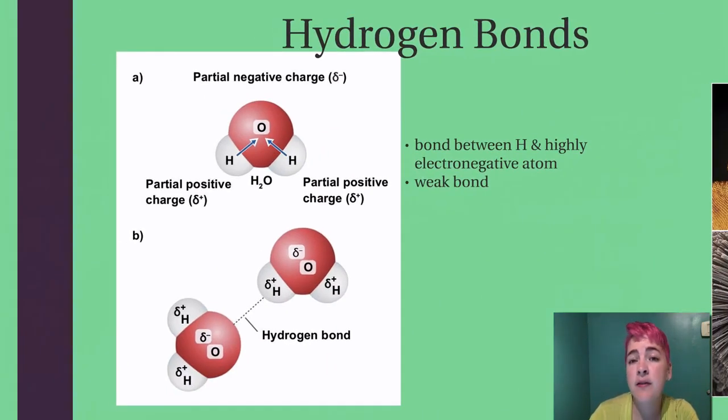Some weaker bonds, hydrogen bonds, are found between hydrogen and other highly electronegative atoms. Water forms hydrogen bonds. The bond between the hydrogen and the oxygen is a weak bond. It's weaker than a covalent bond. Hydrogen bonds give water some pretty cool properties that we will talk about later.